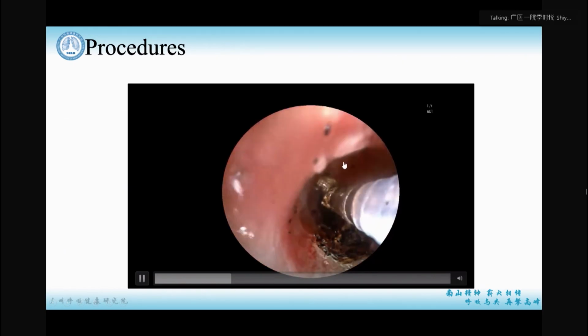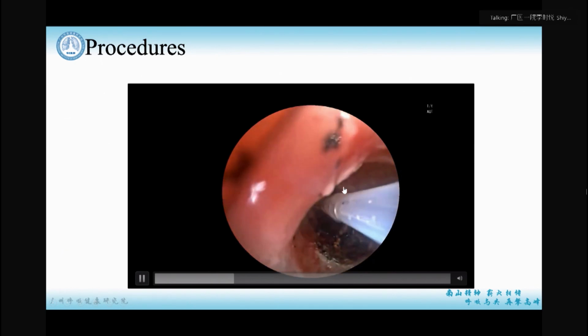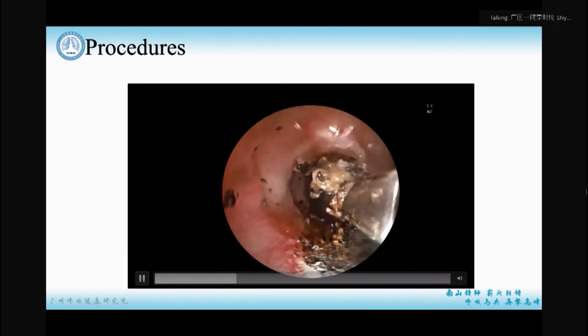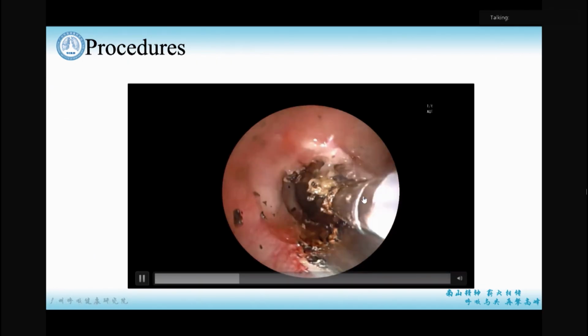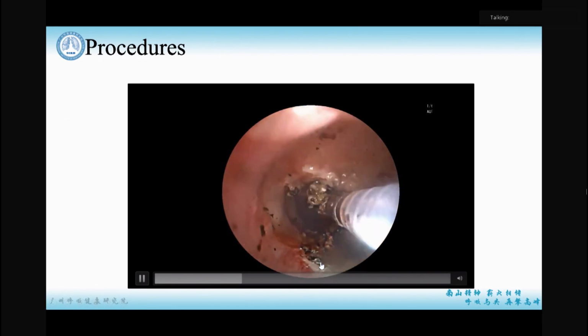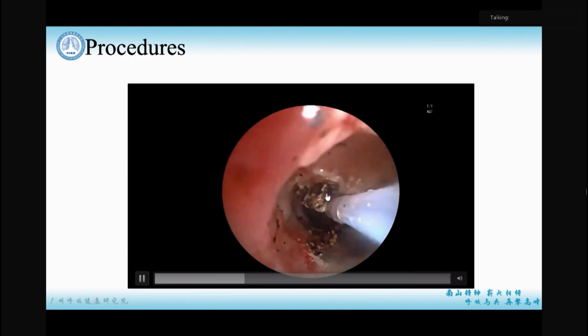The diameter of the stenosis was about 4 millimeters, with a length of 2 centimeters.